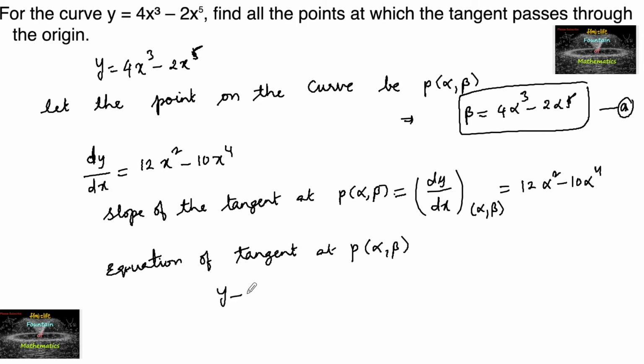We have y minus beta is equal to m times (x minus x1), that is (12 alpha^2 minus 10 alpha^4) times (x minus alpha).